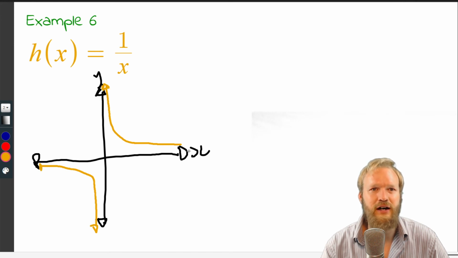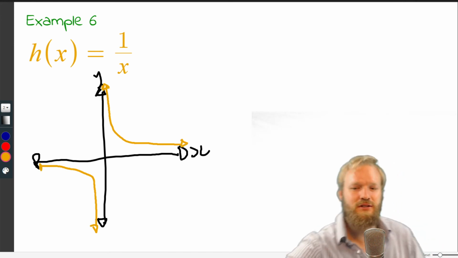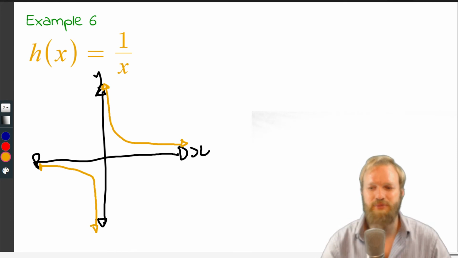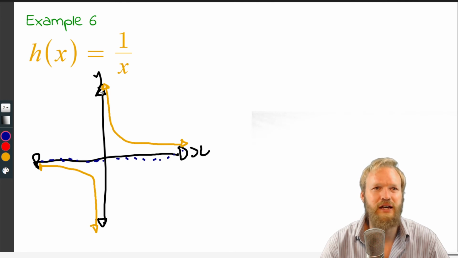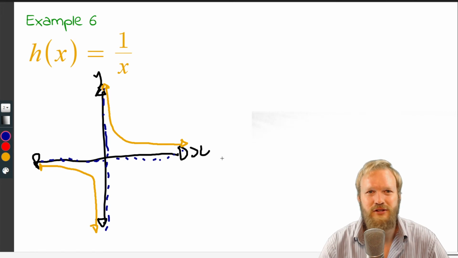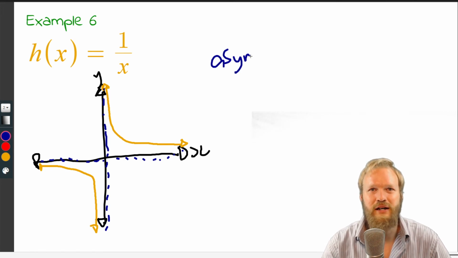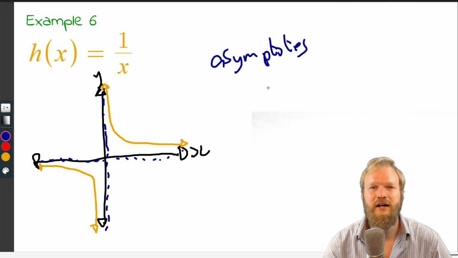Carries on forever. And there were these exciting things called asymptotes. So our asymptotes, I'm going to draw with blue dotted lines. There's an asymptote there on the axis. There's another one there on the axis. And there's our graph.